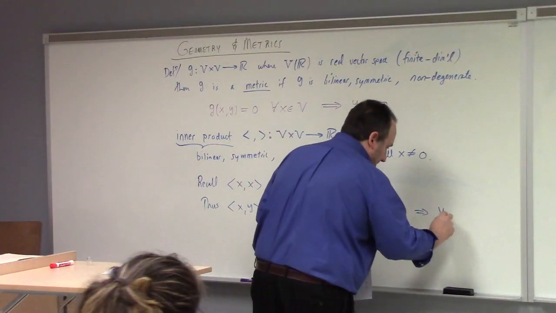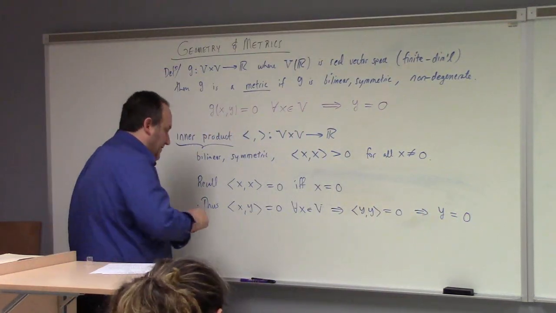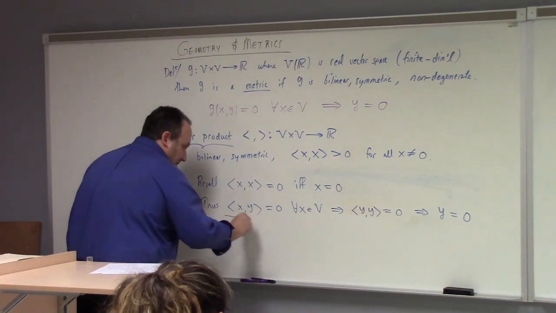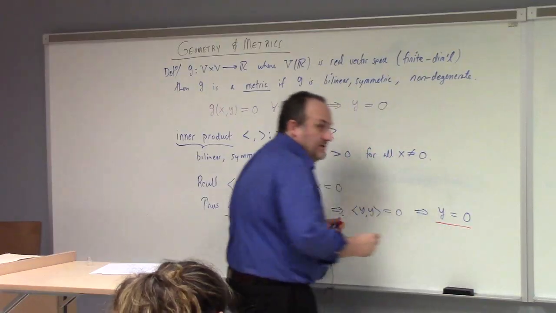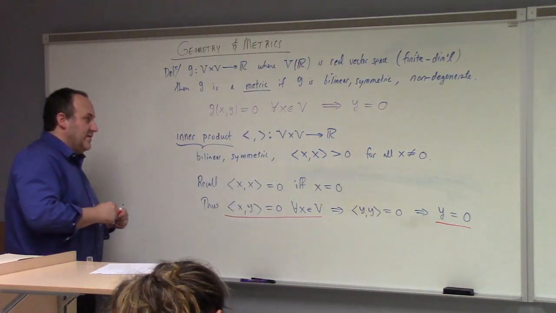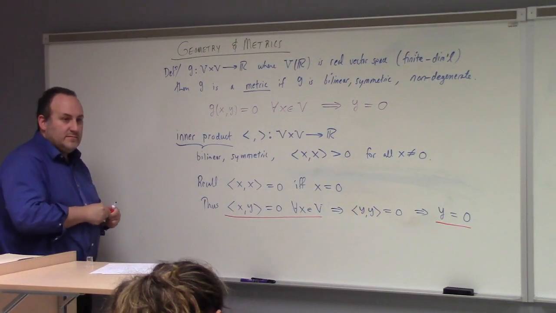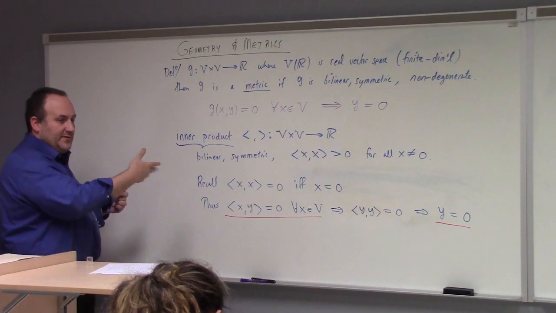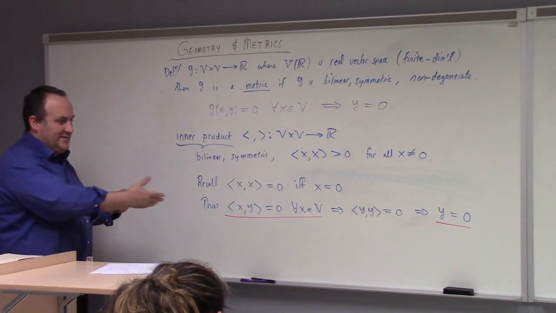That proves that any real inner product space has a non-degenerate symmetric bilinear form. In other words, every inner product is a metric. Okay, that's the proof.